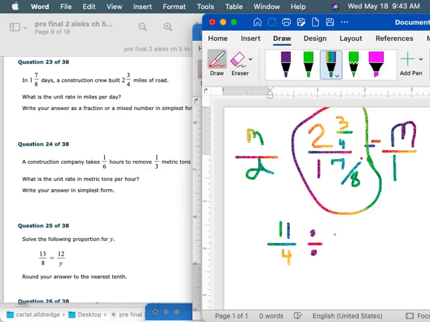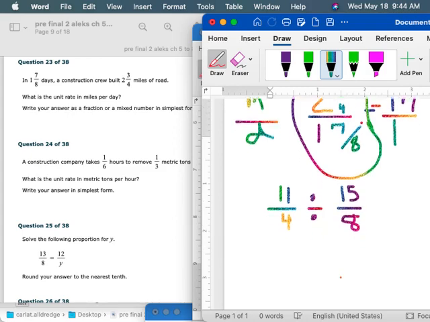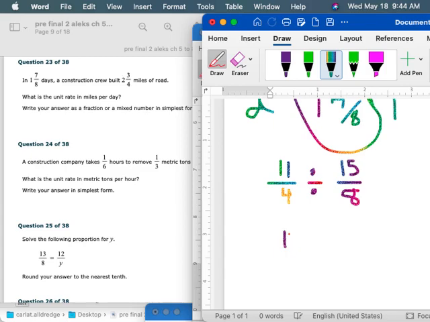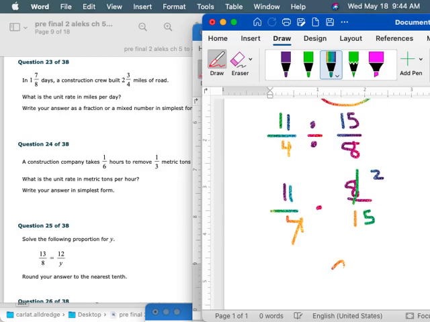It's 15 over 8. Okay, so now we've got to keep change flip, 11 over 4 times 8 over 15. Because you could cross out 4 and 8. Yes. So let's use our canceling and make this a 2. And then we get 22/15.